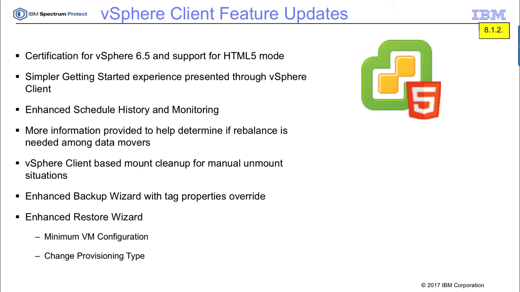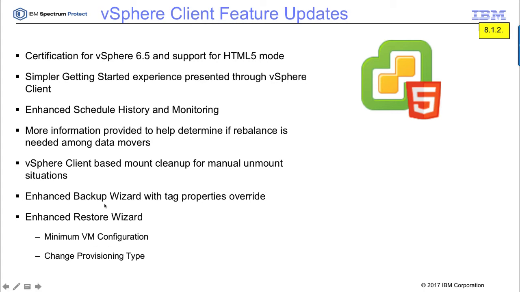We've given more information about load balance use that will help you determine if rebalancing your VMs among node data movers is required. We've moved the mount cleanup for manual unmount situations from the old web-based client to the vSphere client, again, to help you keep users in one single user interface.